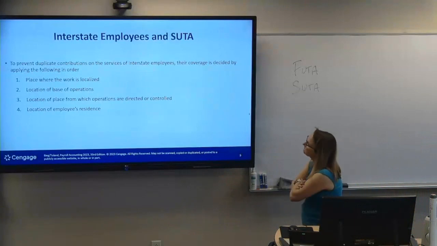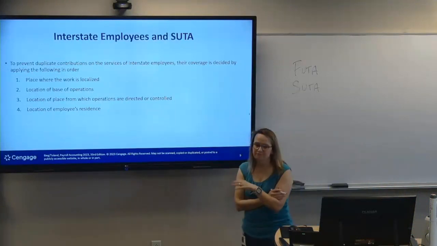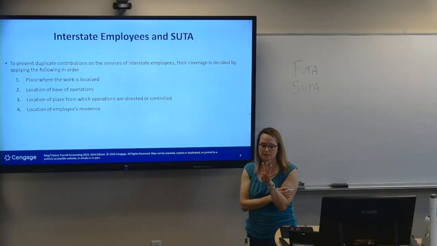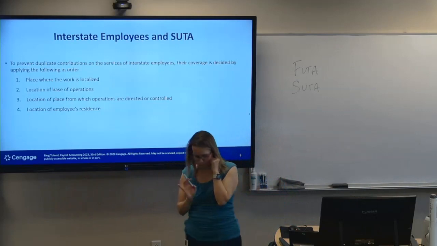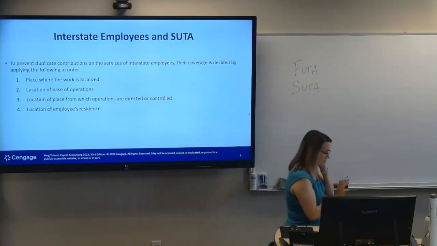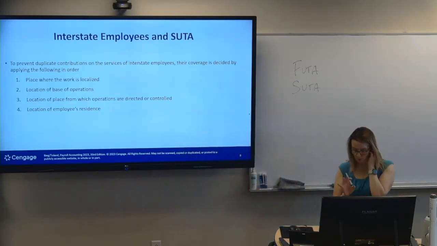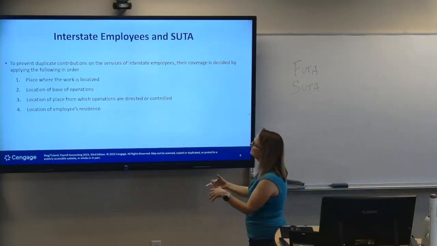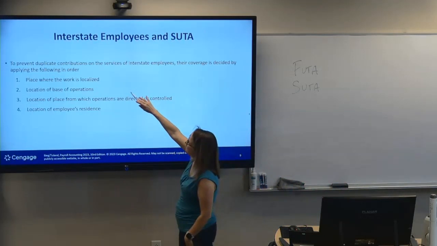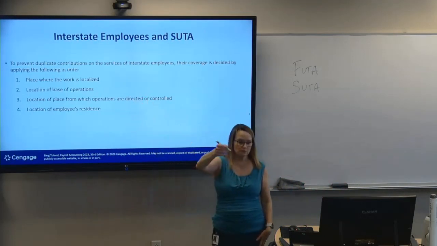So there are four different things that we look at regarding which state is going to be taxing which activities of the employee. The first thing we look at is where the work is localized.